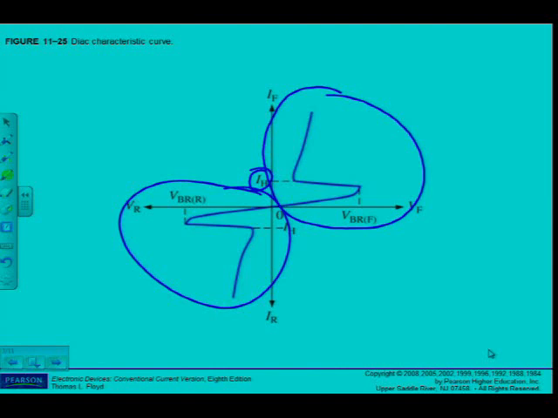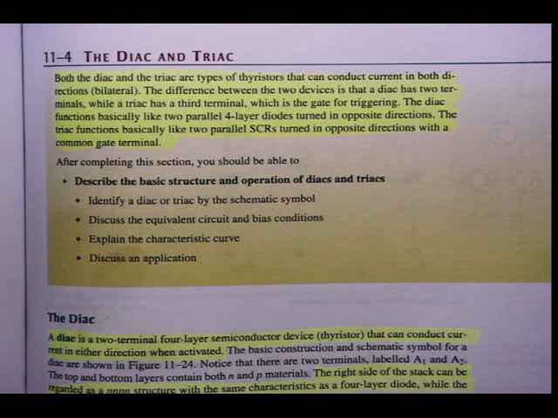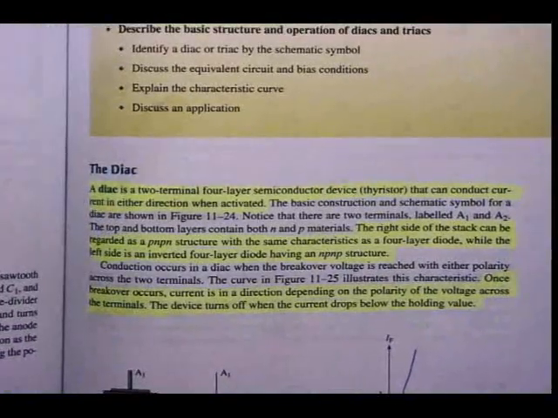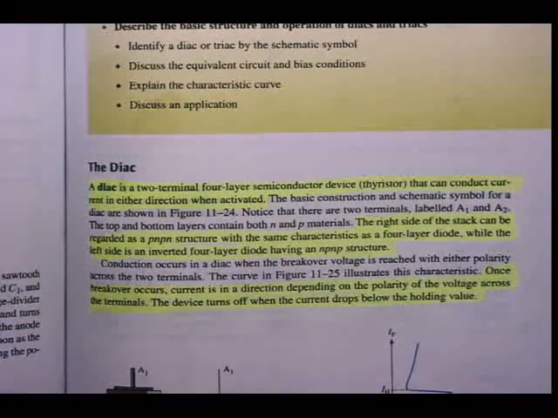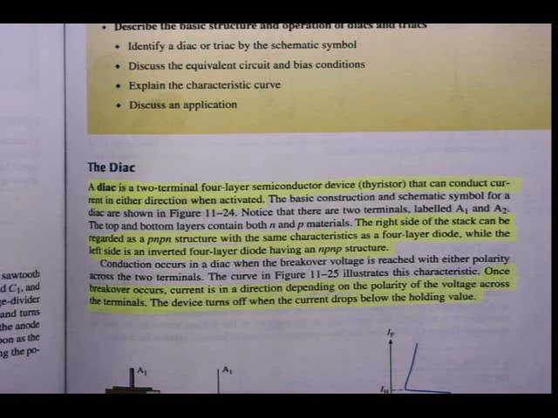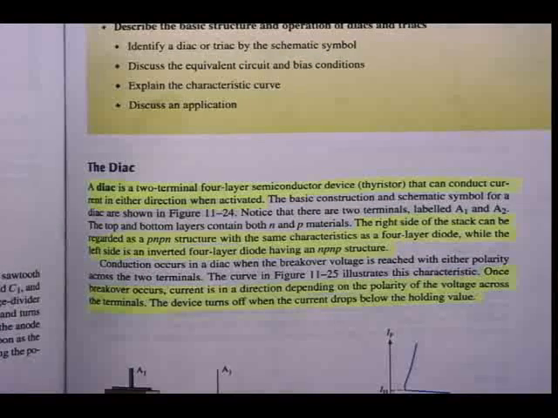All right, so if we refer back to our textbooks, it's mentioned there, for the diac, a diac is a two-terminal 4-layer semiconductor device, a thyristor, that can conduct current in either direction when activated. You can notice that there are two terminals labeled A1 and A2. The top and bottom layers contain both N and P type materials.